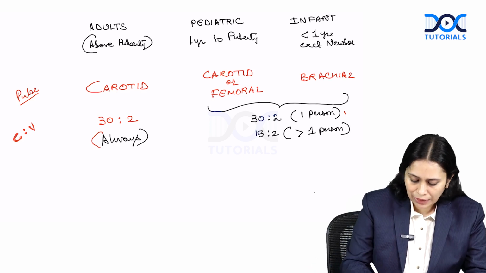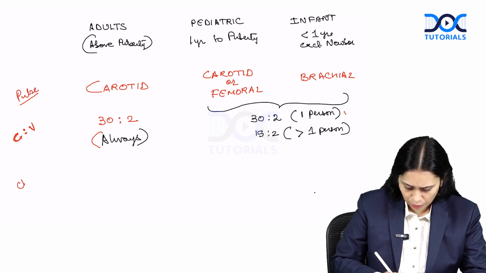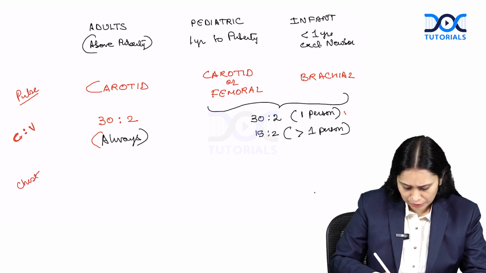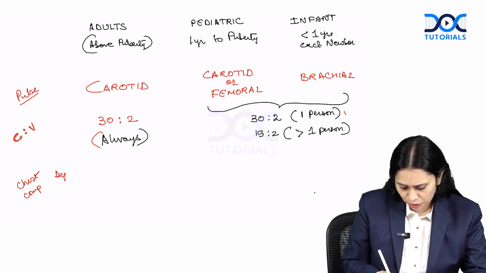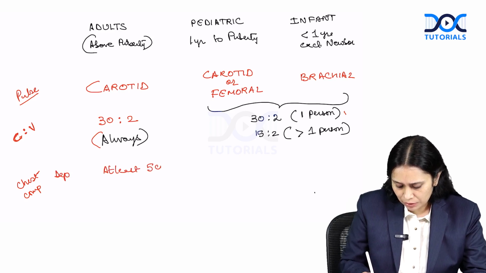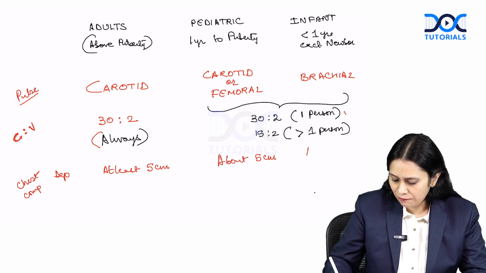Got it? The next thing we need to know is how we do the chest compression. What is the depth and what is the way of doing chest compression? There is a little difference. The depth of chest compression in adult should be at least 5 centimeter. In pediatric, it should be about 5 centimeter, and in infant, about 4 centimeter.